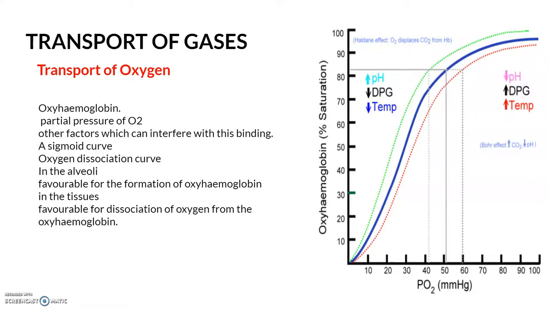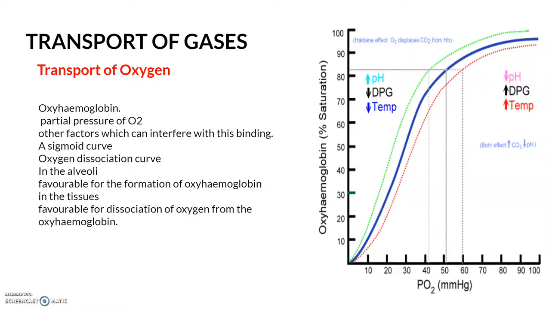Here we find that in the alveoli there is a high partial pressure of oxygen and low partial pressure of carbon dioxide, lesser hydrogen ion concentration and low temperature, and all these factors are favorable for the formation of oxyhemoglobin.